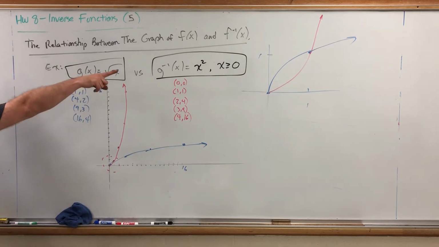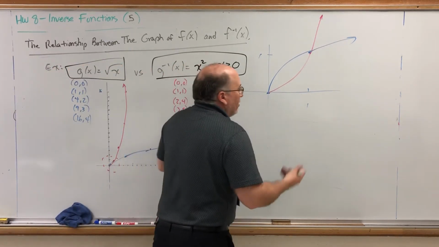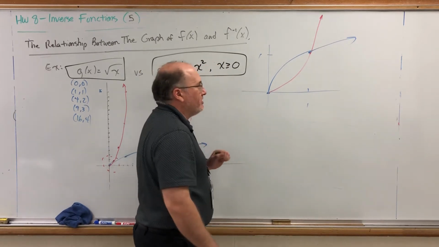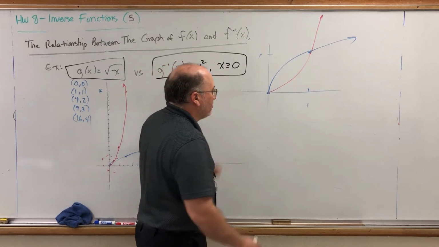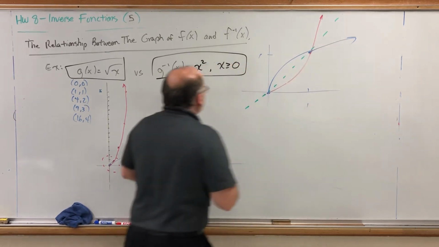You can see a little more clearly in the zoomed-in version. These guys are mirror images of each other, but they're not mirror images across the x-axis. They're not mirror images across the y-axis. They're mirror images across this diagonal line.